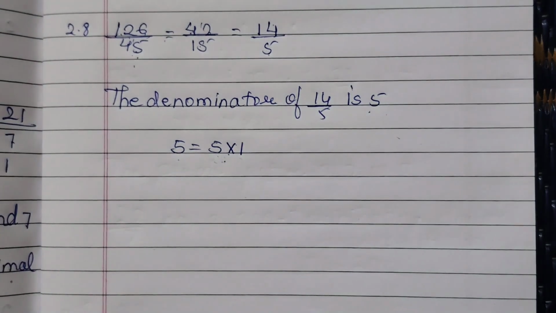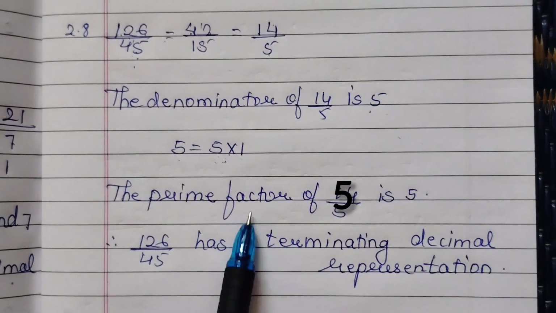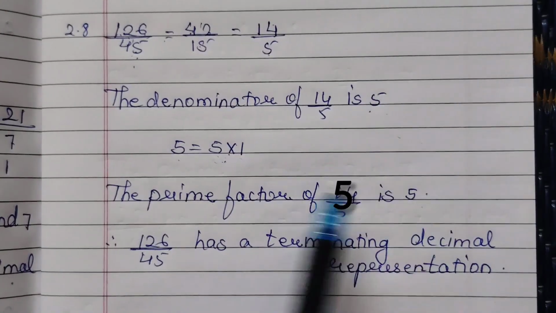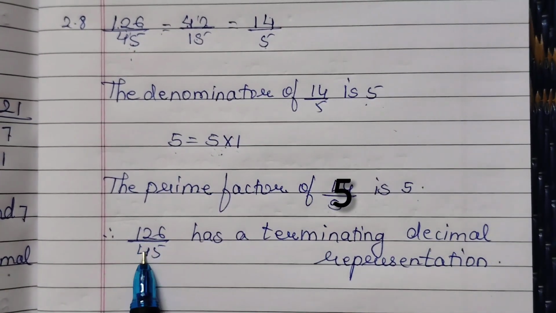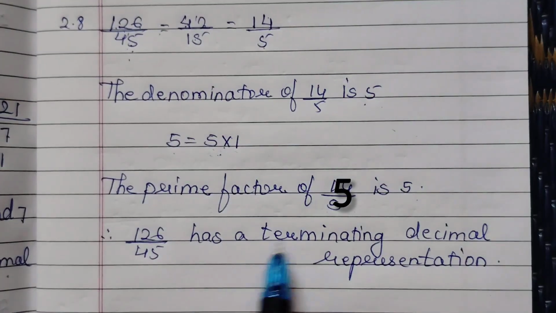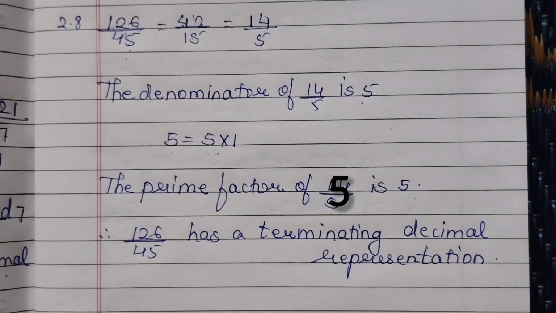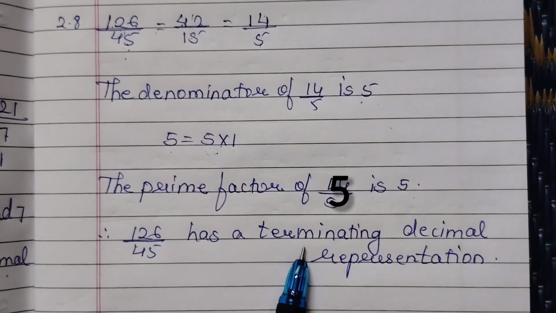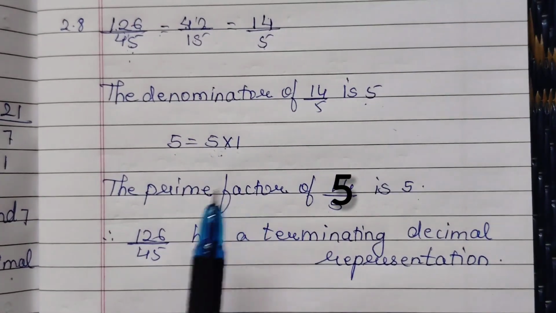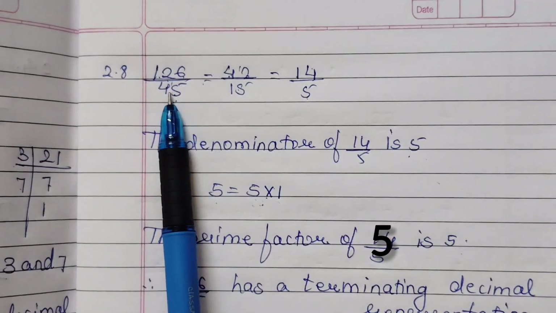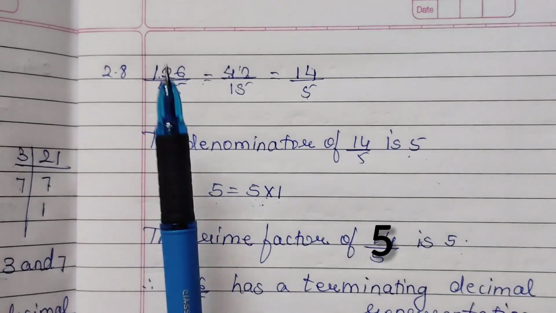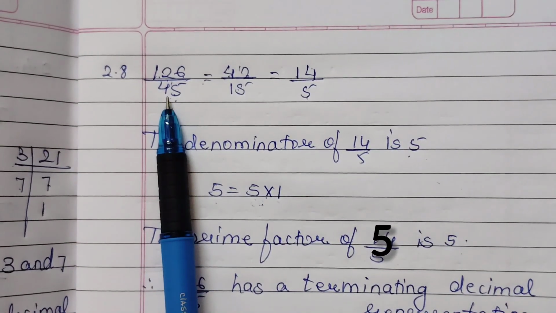The prime factor of 5 is 5. Therefore, 126 upon 45 has a terminating decimal representation. So we completed question number 2 of worksheet 2, and without the long division method, we can say whether a rational number is a terminating or a non-terminating decimal.